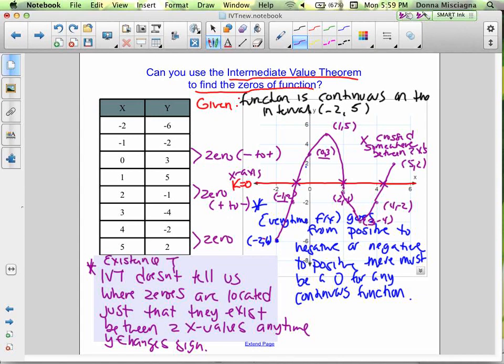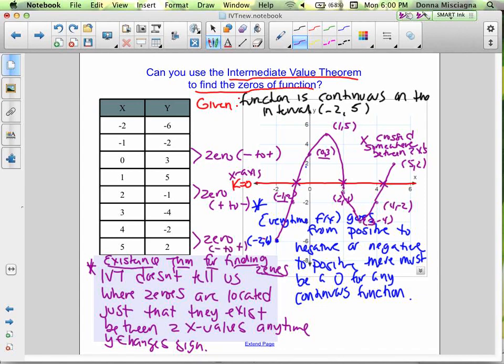It doesn't tell us exactly what x value, but we do know what two values it's between, anytime we change signs from positive to negative or negative to positive.